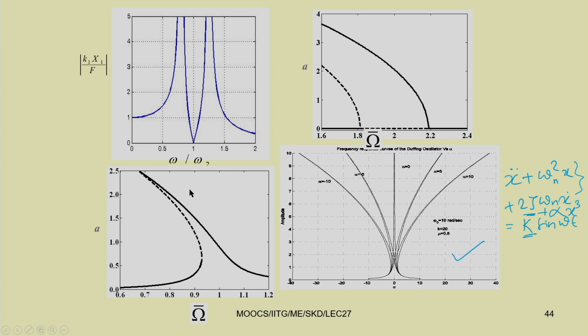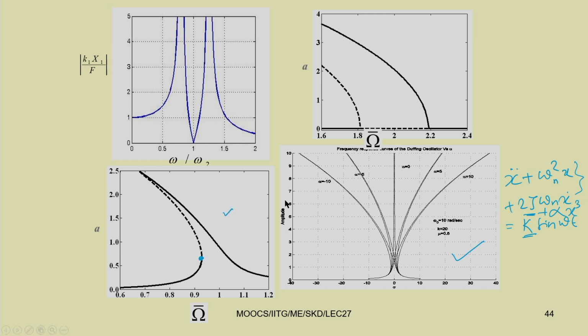Similarly for other systems also, you can have the trivial state, stability region, supercritical pitchfork bifurcation. This is the subcritical pitchfork bifurcation, this is the supercritical bifurcation, and here you have only the non-trivial state response, and here you can have saddle node bifurcation points.